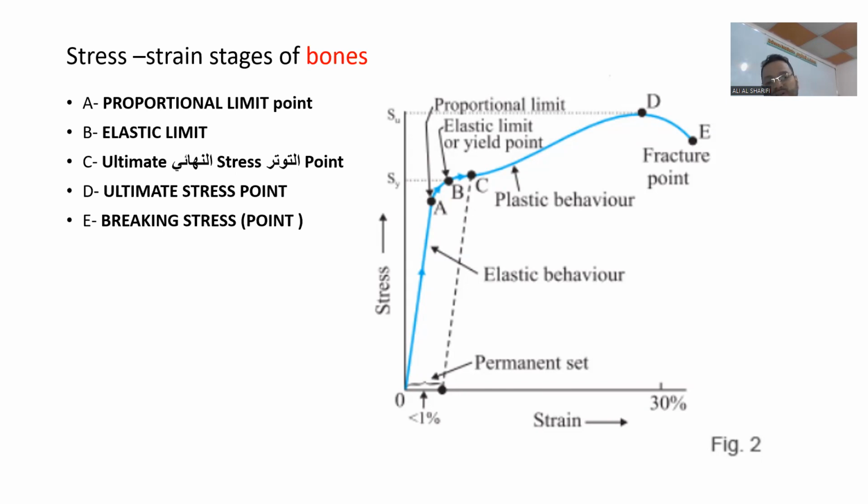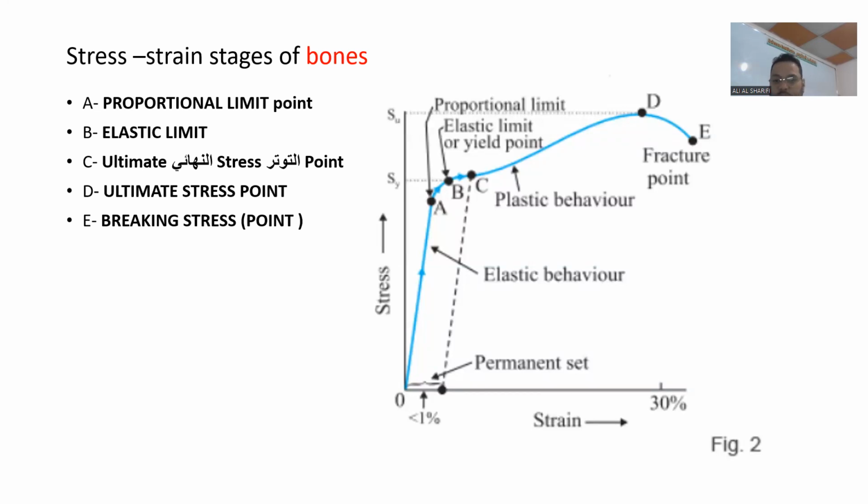And the elastic point, B, is the last point in the elastic region. The yield point is the first point in the plastic region, and it has no or little change in the strain and the shear force.